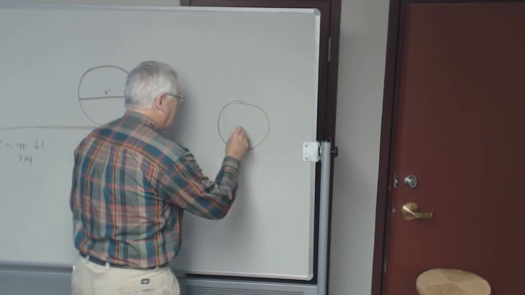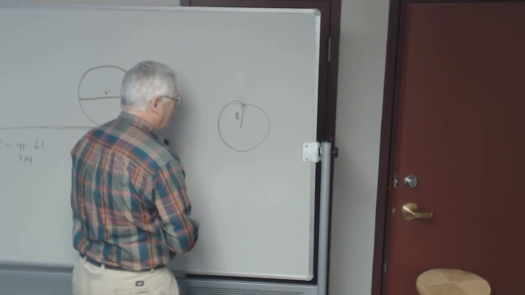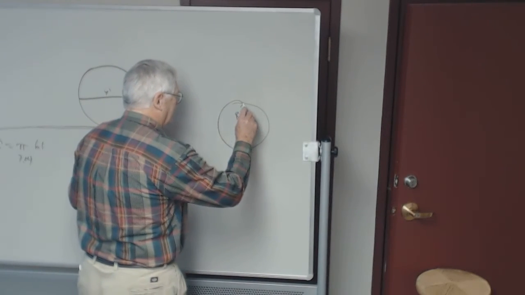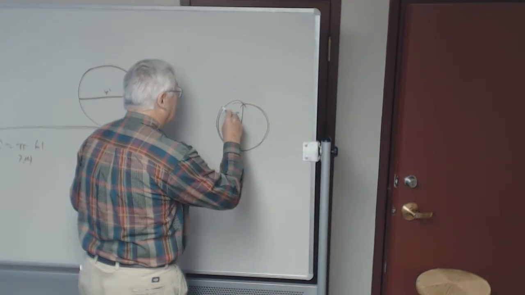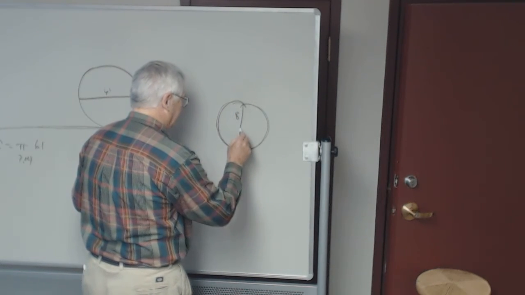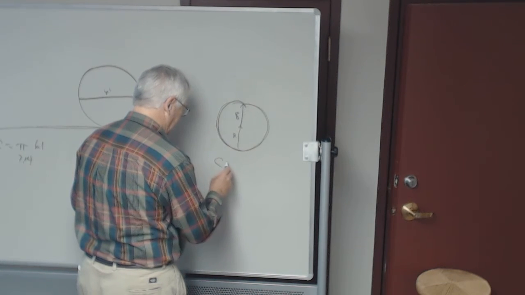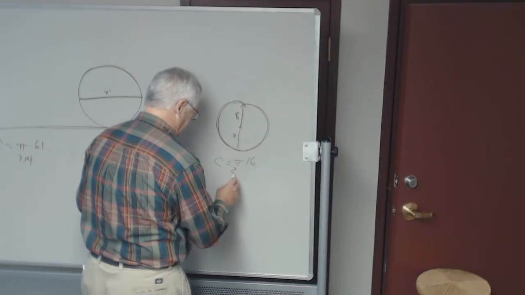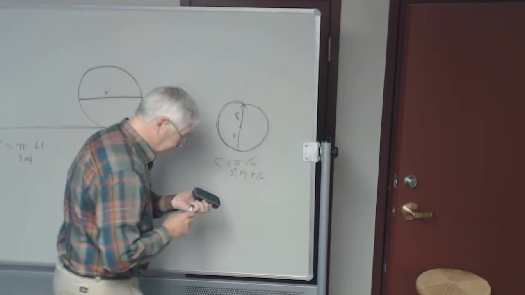Here's the minute hand, 8. And in 1 hour, it goes all the way around here. And if it's 8 here and 8 here, then that means the circumference is pi times 16, or 3.14 times 16.